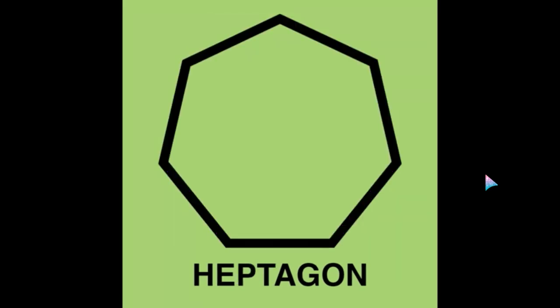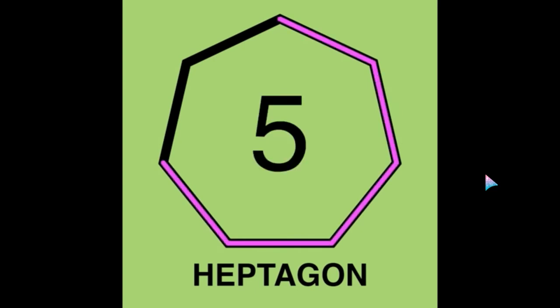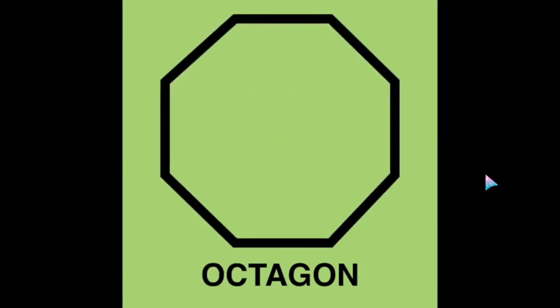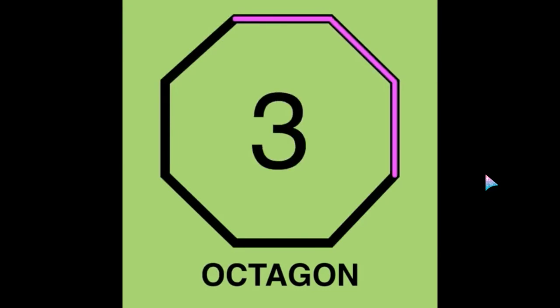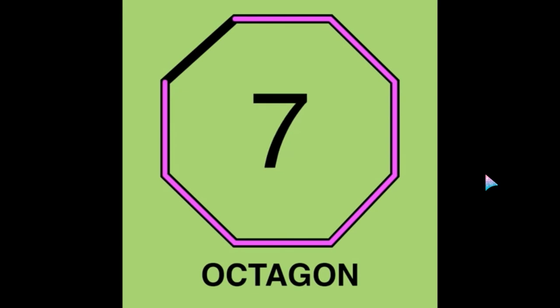Draw a heptagon up in the air. 1, 2, 3, 4, 5, 6, 7. Draw an octagon up in the air. 1, 2, 3, 4, 5, 6, 7, 8.